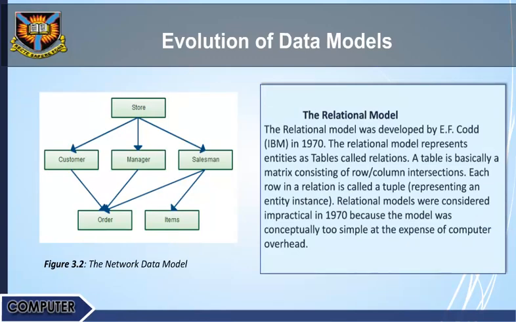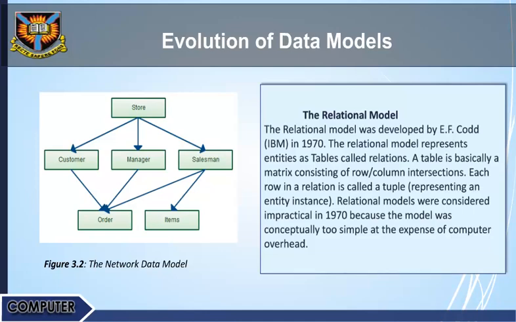The relational model was developed by E.F. Codd, IBM in 1970. The relational model represents entities as tables called relations. A table is basically a matrix consisting of row, column, intersections. Each row in a relation is called a tuple, representing an entity instance.